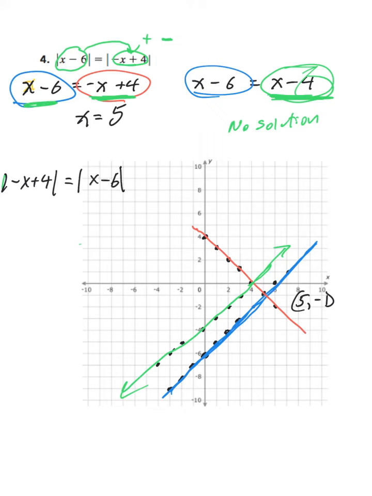I just switched them. Then I would write negative x plus 4 equals x minus 6, and x plus 4 equals negative x plus 6. Guess what? You get the exact same answers.